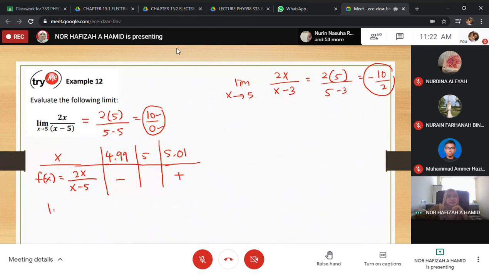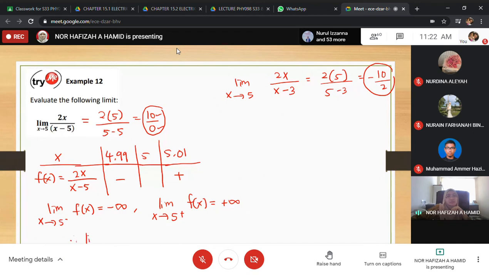Okay. So limit x approach to 5 minus fx is equal to negative infinity. And when limit x approach to 5 plus, so fx is equal to positive infinity. Okay.